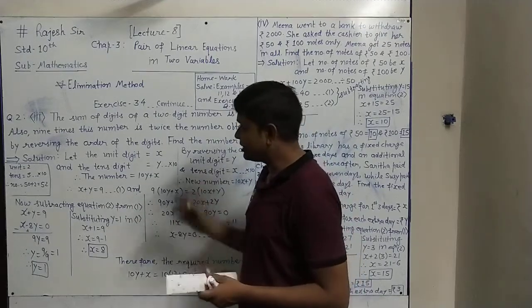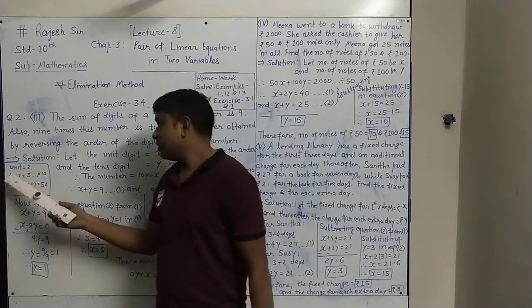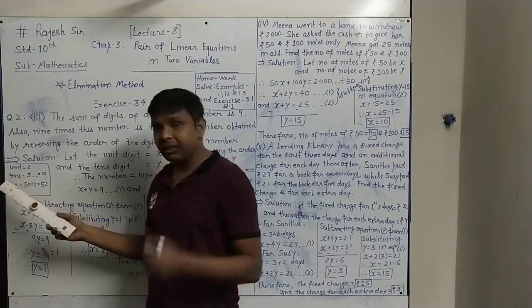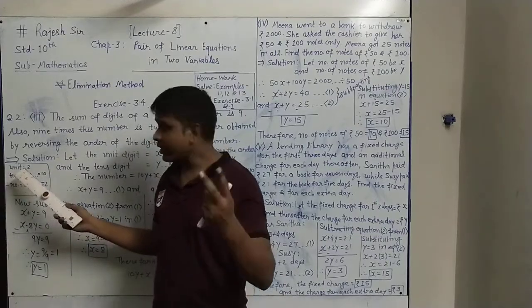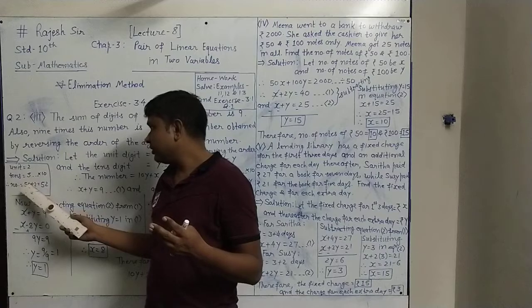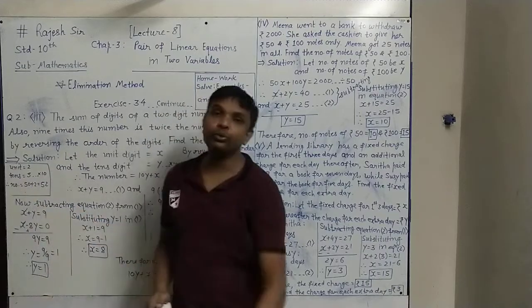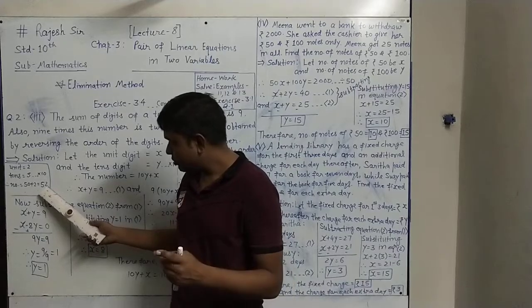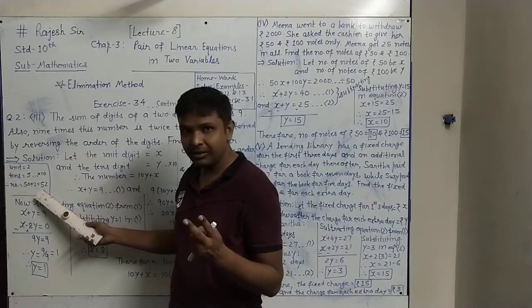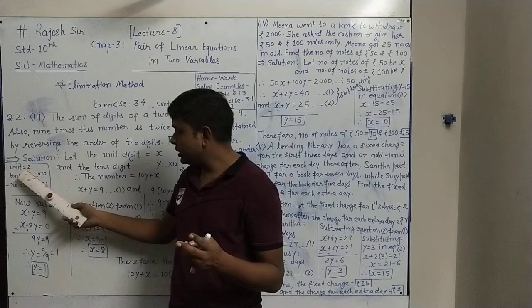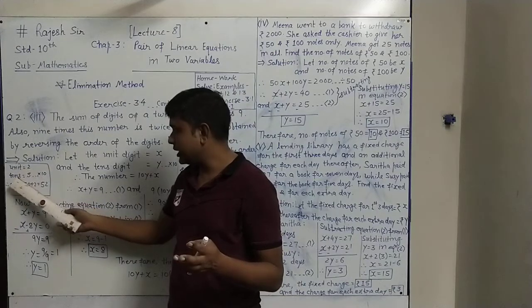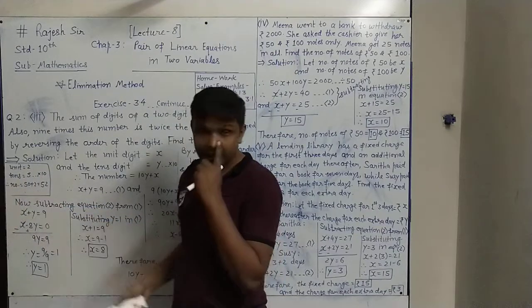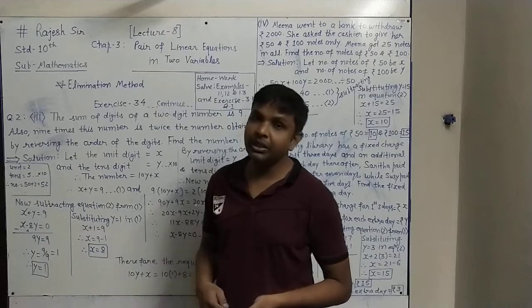Let's confirm why this happens. You know that if the unit digit is 2 and the tens digit is 5, you say the number is 52. In the number 52, the unit digit is 2 and the tens digit is 5. So how will you reach 52 mathematically, stepwise?